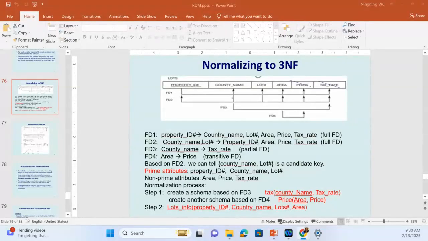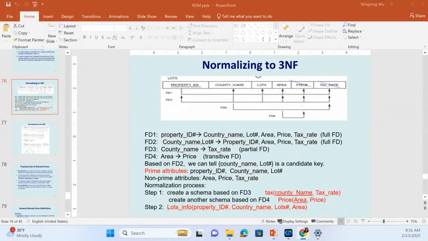The county name and lots together is called the secondary key. Both keys mean that they satisfy the uniqueness constraint. So for every record in this table, each record will have a unique property ID, and also each record will have a unique combined value of county name and lots number.